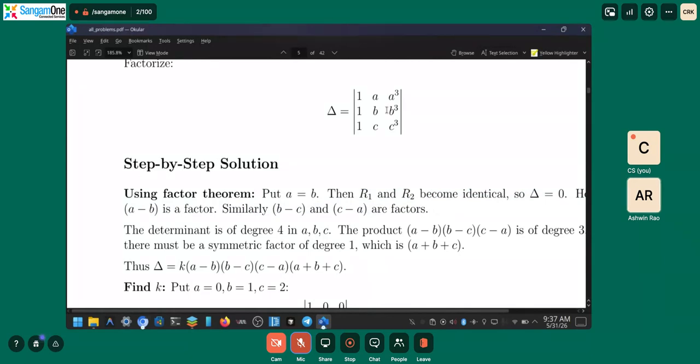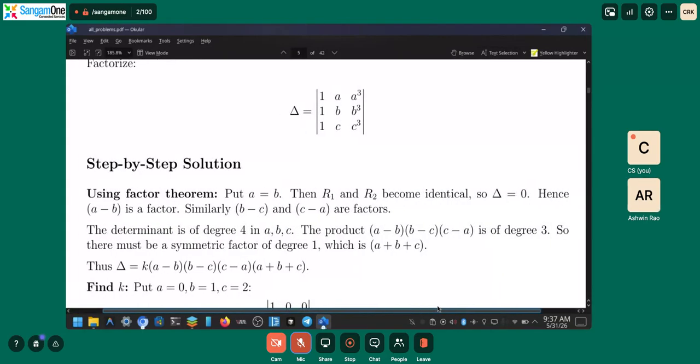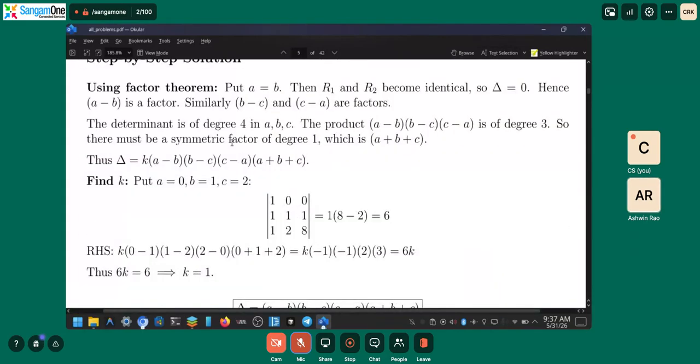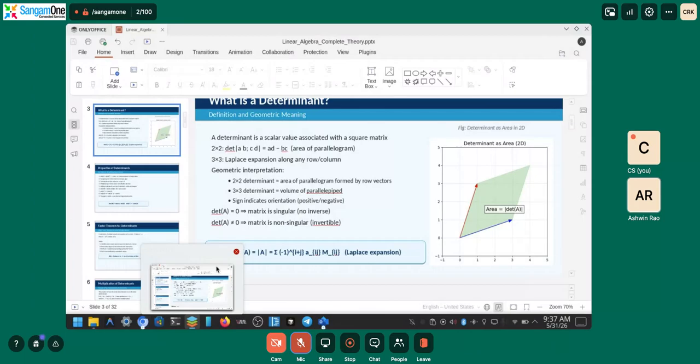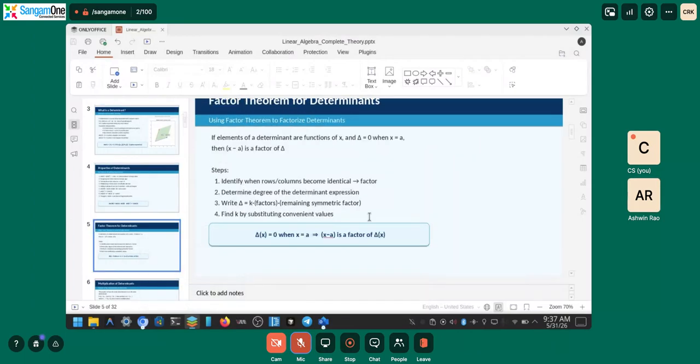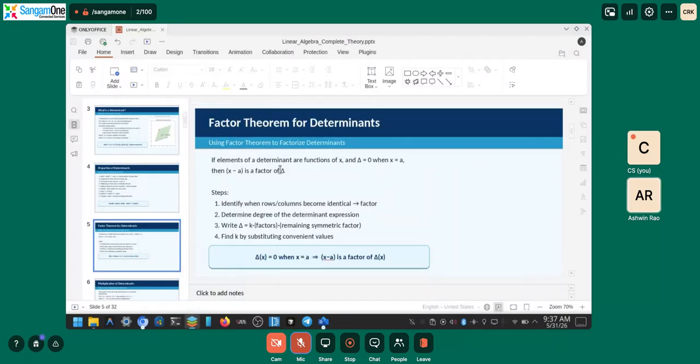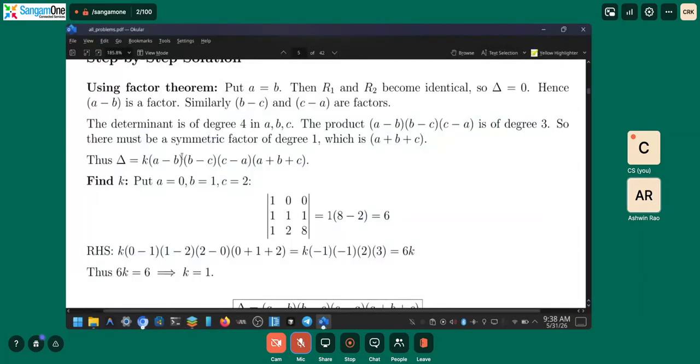Put A is equal to B. Here A is equal to B. That will become identical. So that's why the determinant is equal to 0. A minus B is a factor. The factor theorem notes are here: elements of a determinant are functions of x, and if the determinant is equal to 0 when x is equal to A, then x minus A is a factor of the determinant. This property is applied here.